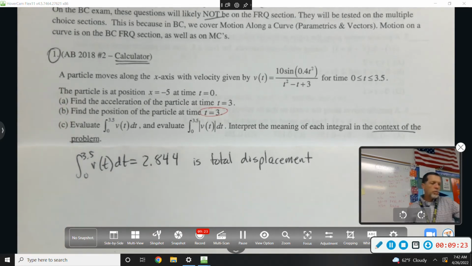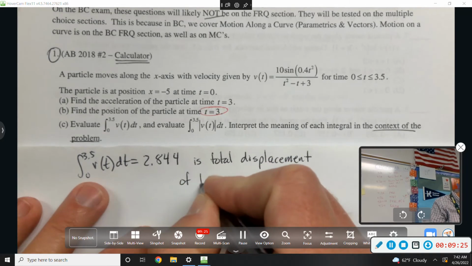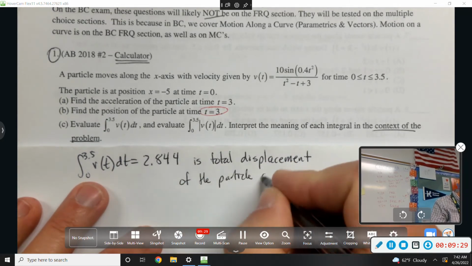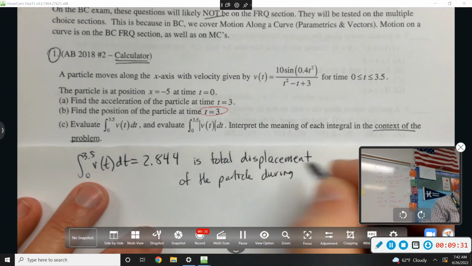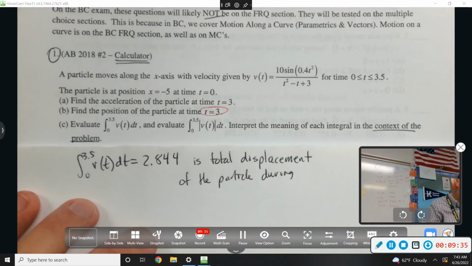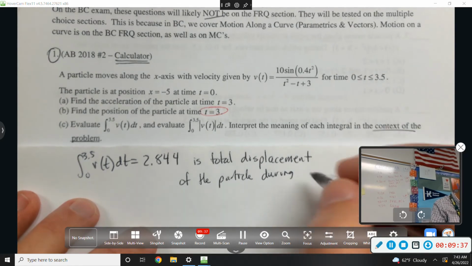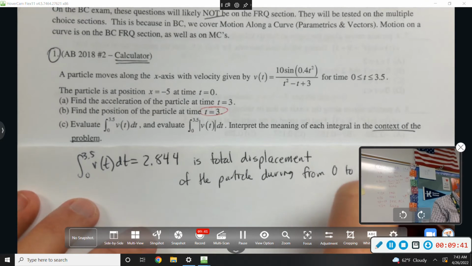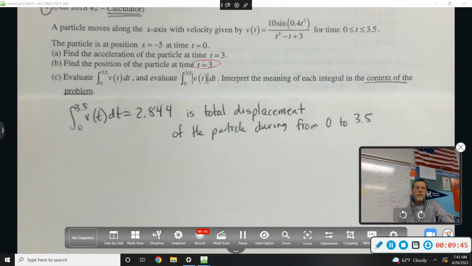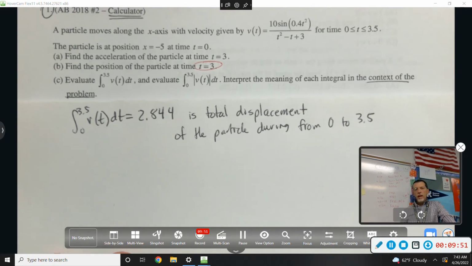So total displacement of the particle during the first 3.5, or we don't know the unit, so we'll just say from 0 to 3.5. I think that would be good enough.